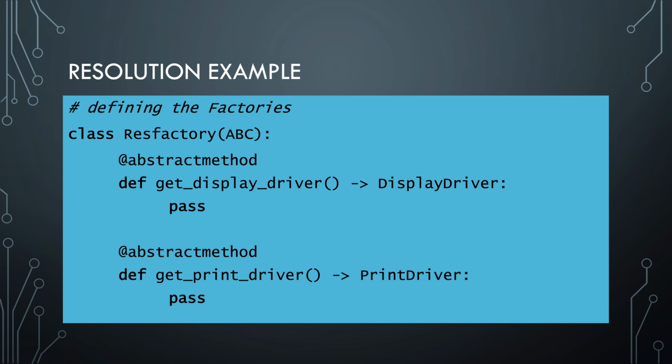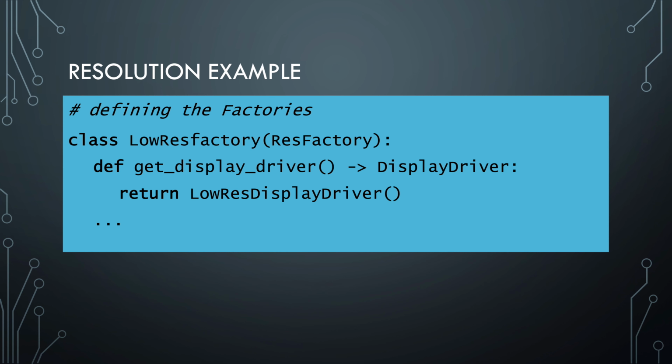The res factory abstract class defines two abstract methods, one to get a display driver and one to get a print driver. The actual concrete factories then return the correct drivers. So the low-res factory returns a low-res display driver and the same for printer.